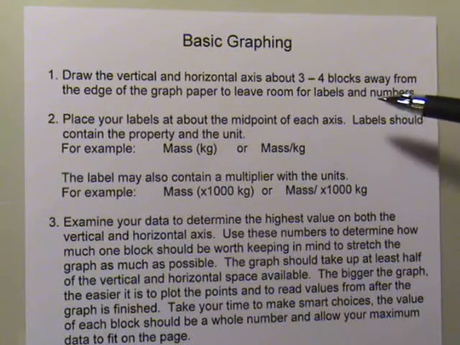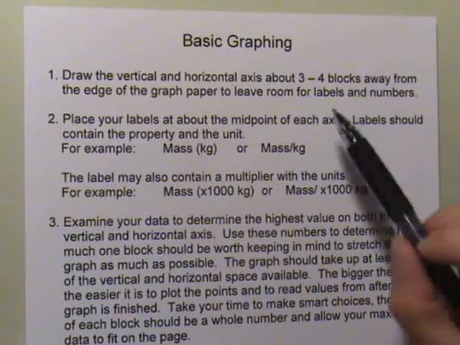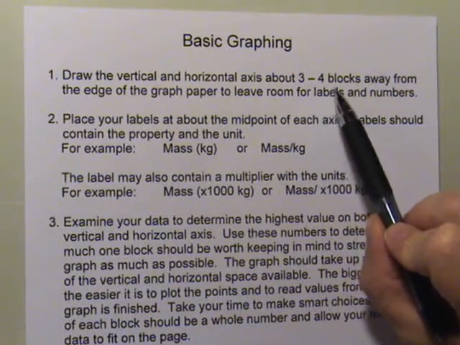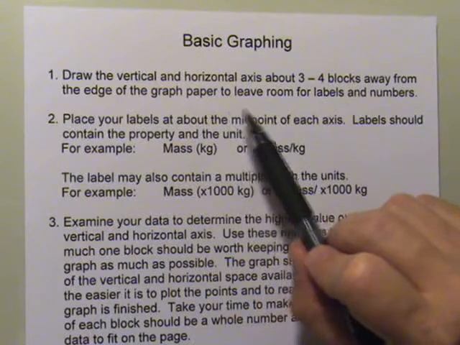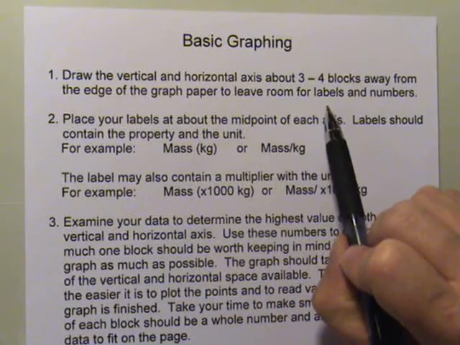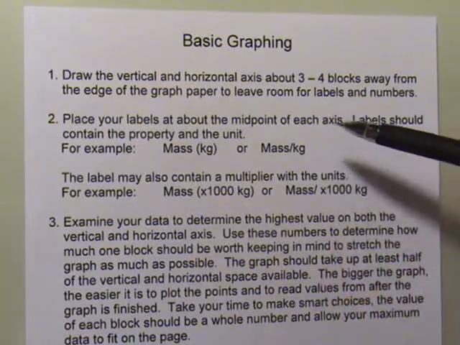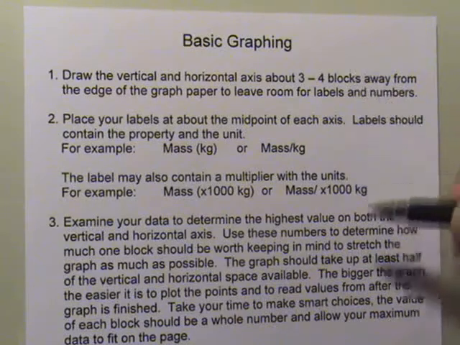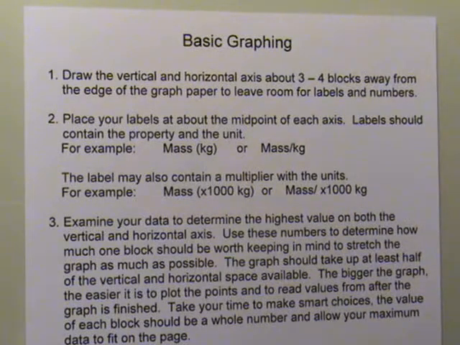You're going to draw a vertical and a horizontal axis, but you're going to leave yourself about 3 to 4 blocks from the edge of the paper, and the purpose for that, of course, is to leave room for your labels, the name of the property and the units, and then also for the numbers which will be running up the axis.